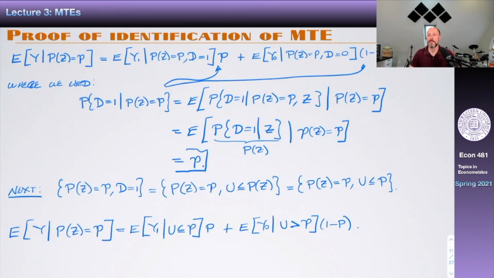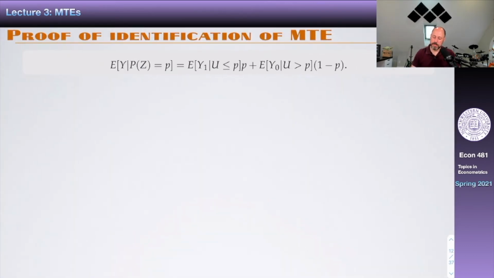Okay? We're good? All right. So now that's the starting point. This is the equation at the top. We have exactly what I wrote in the last line of the previous slide. So now let's write this as an integral. We have the expected value of Y given the propensity score being equal to little p.